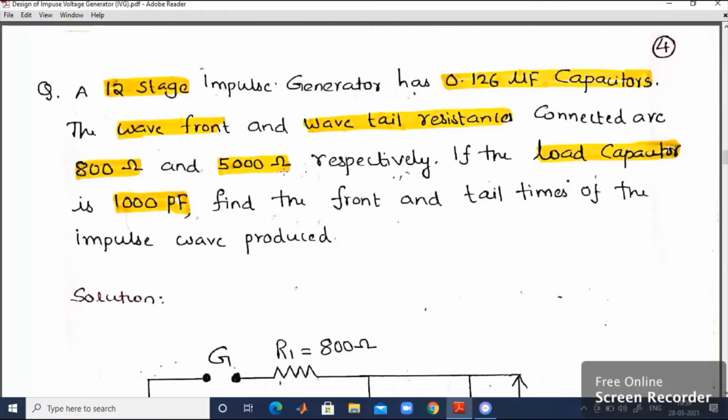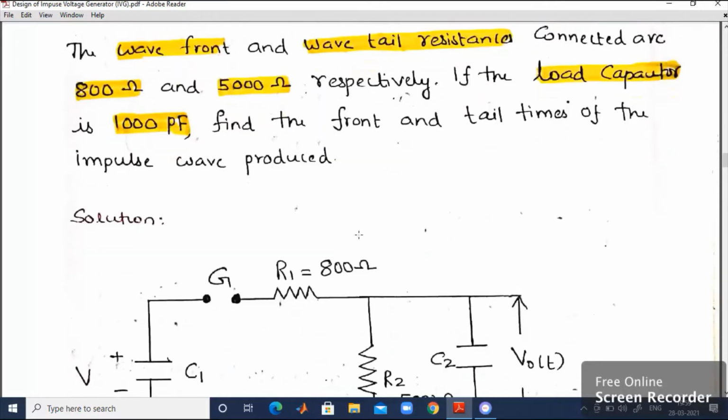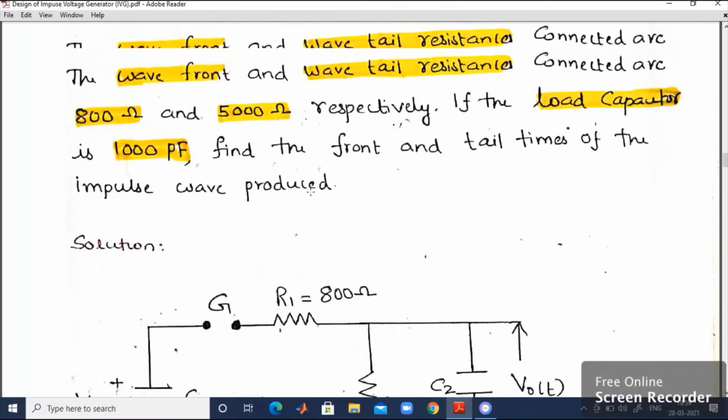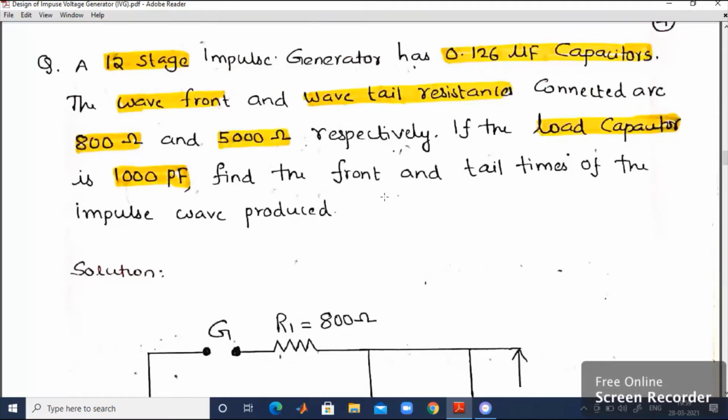Then R1 and R2 are also provided. Sorry, you need to calculate the values of T1 and T2. That means wavefront time and wavetail time have to be computed. R1, R2, C1, C2 and N, everything is provided.